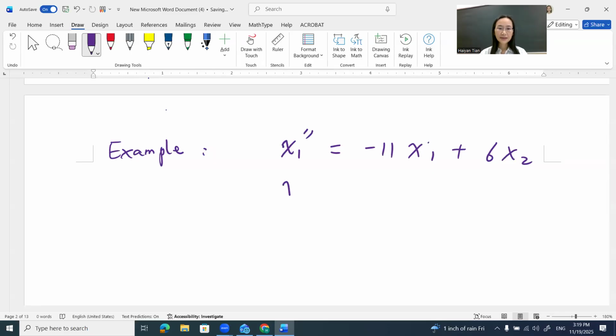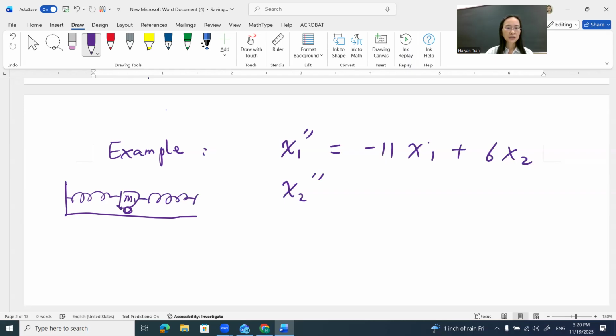And then there's a second object. Suppose we have some spring attached to M1 on a very smooth surface, and then attached with another spring to M2. So they can glide without friction, just freely glide.